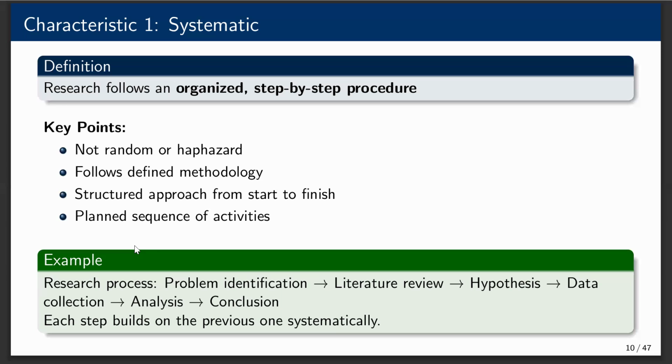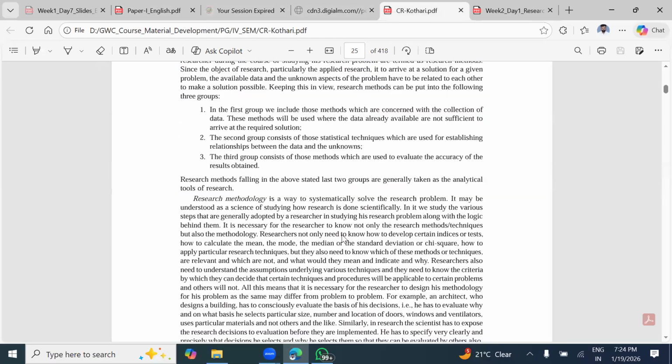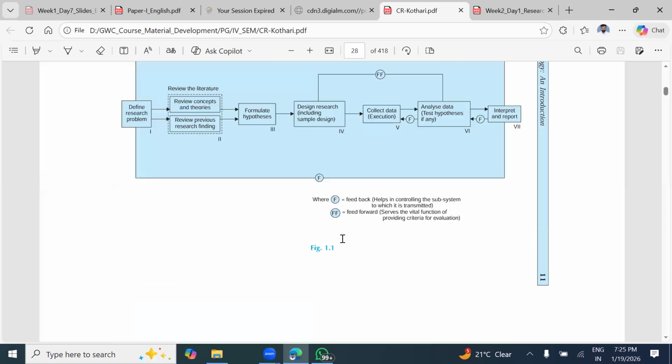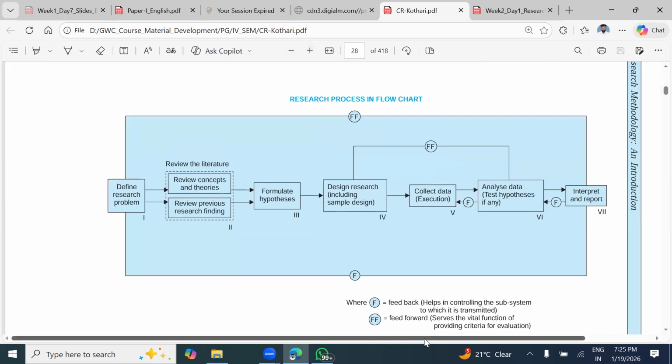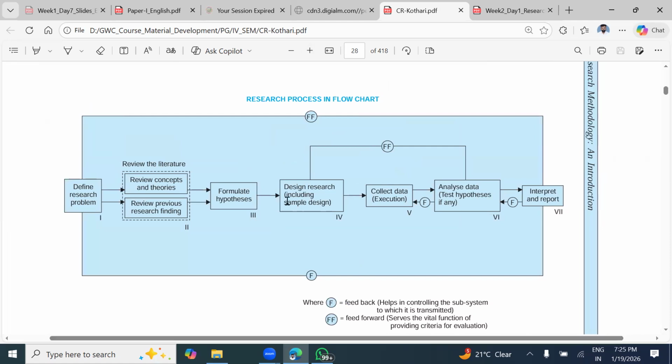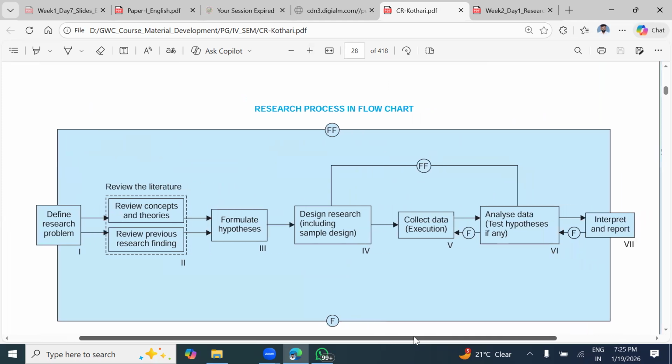Now if you will see, 1 second, I want to show you something. Suppose if you will go to the Kothari book, they have also done excellent introduction. You just see there is a little in depth it is given over there. I want to show it because I want to really make you aware. So what is there? Define research problem. Then you will be doing the literature review, that is, you will be reviewing the concepts and theories. Then you will review the previous research findings.